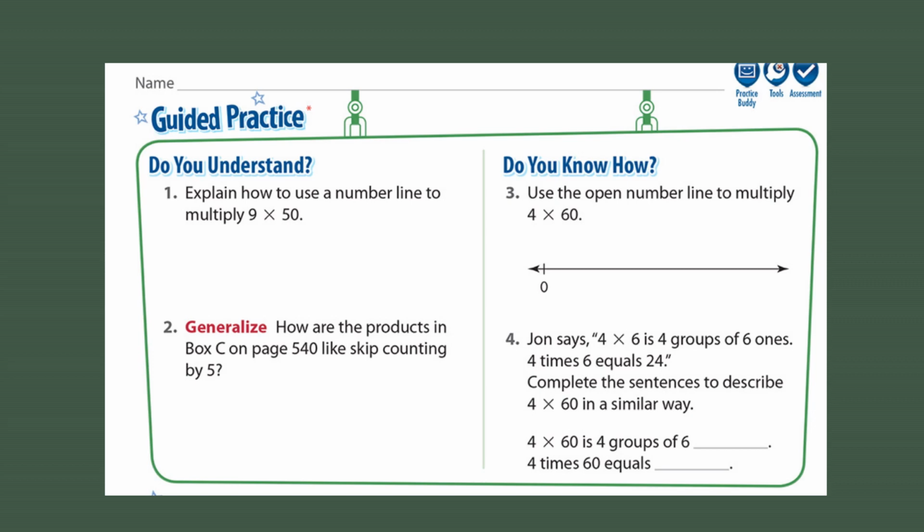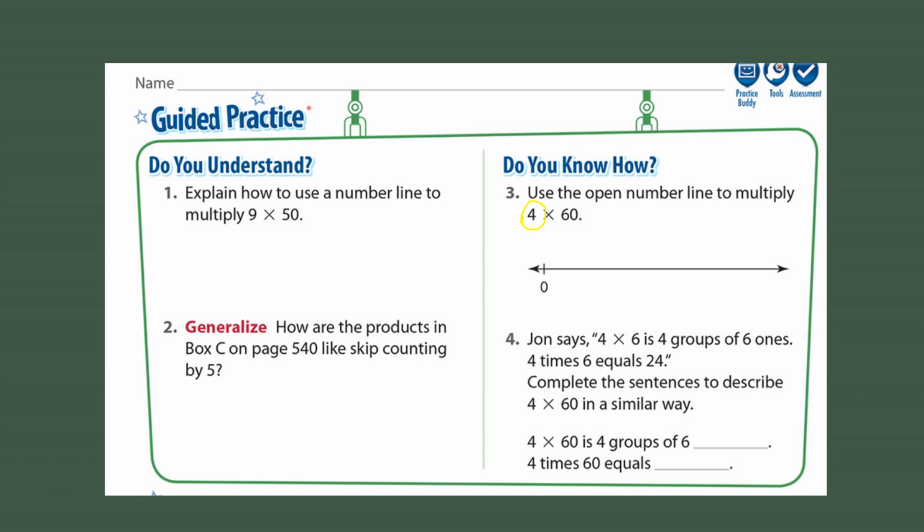Okay, so for number 3, they drew an open number line for us, and we need to use this model to show multiplying 4 times 60. So this one-digit multiplier tells us how many jumps we're making.